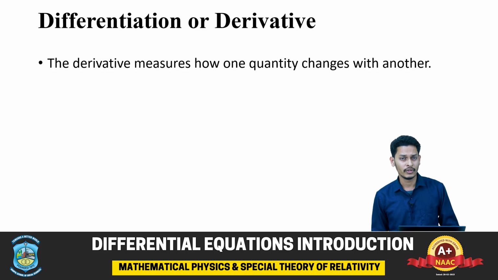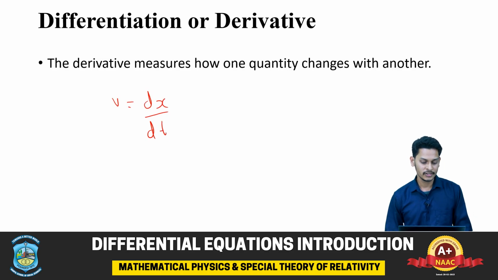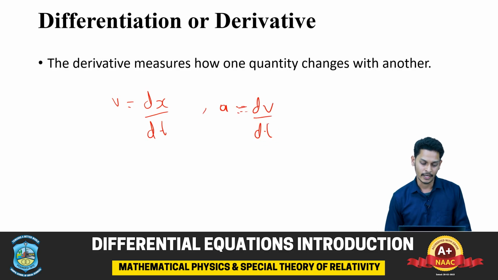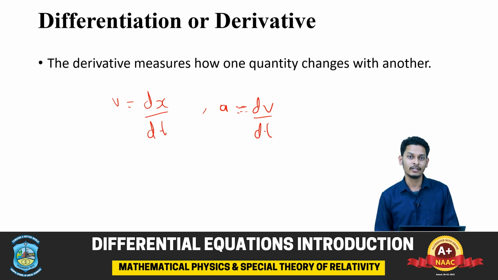For example, we are very well aware of the terms velocity and acceleration. Velocity is change in position with respect to time, whereas acceleration is change in velocity with respect to time. So, here one quantity is changing with respect to another.